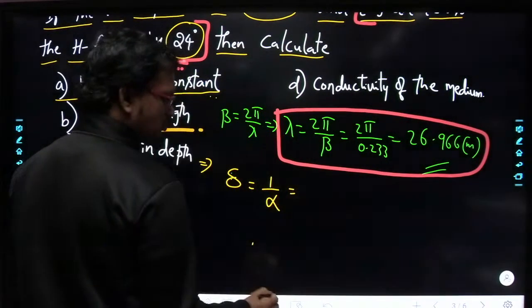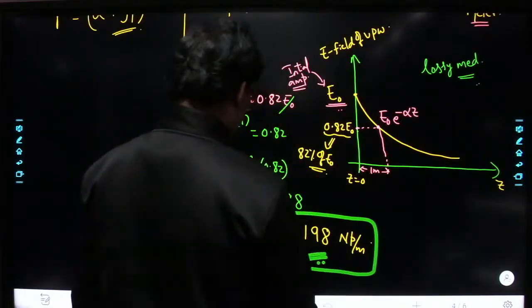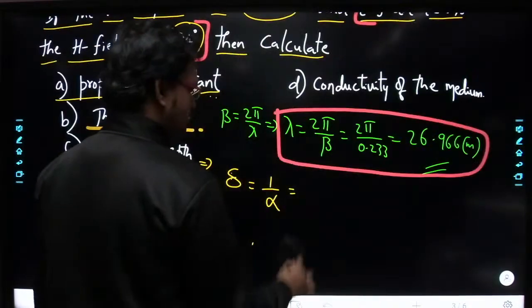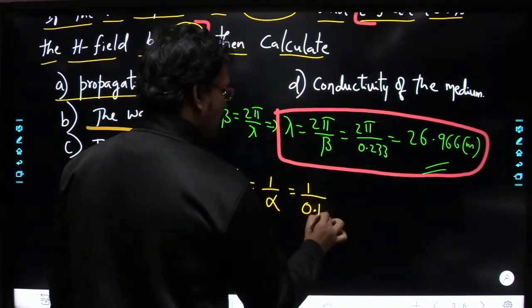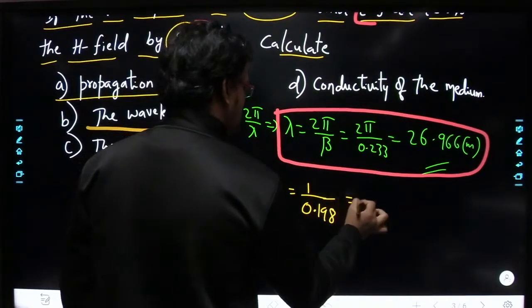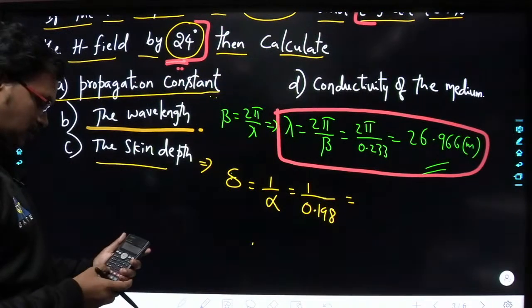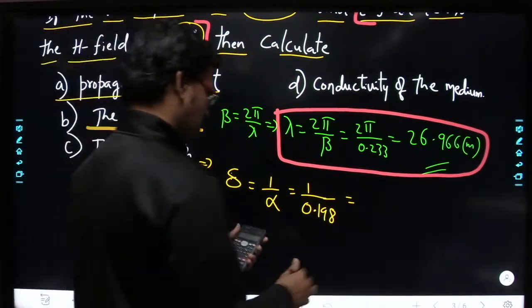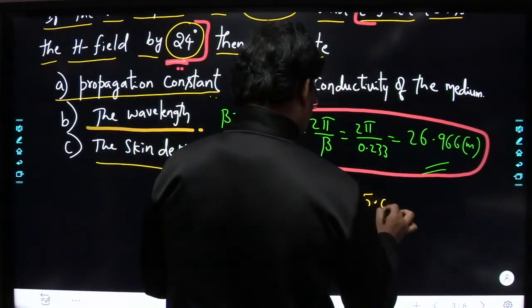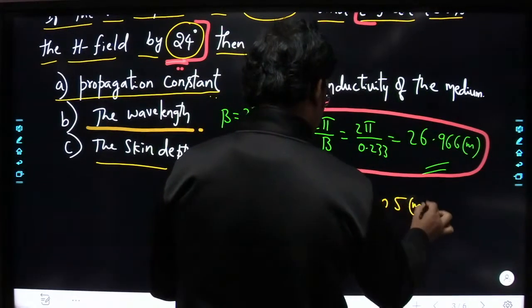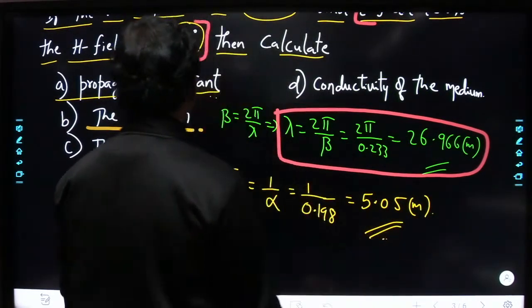So that is equal to 1 by 0.198. 1 divided by 0.198 is 5.05 meters. So this is skin depth.